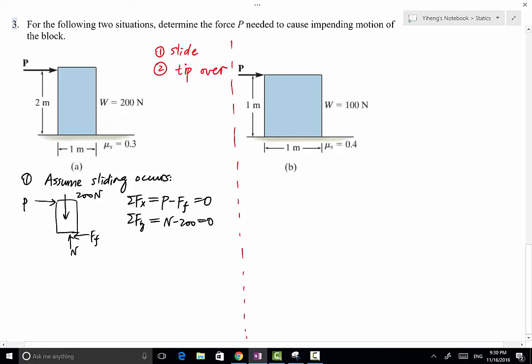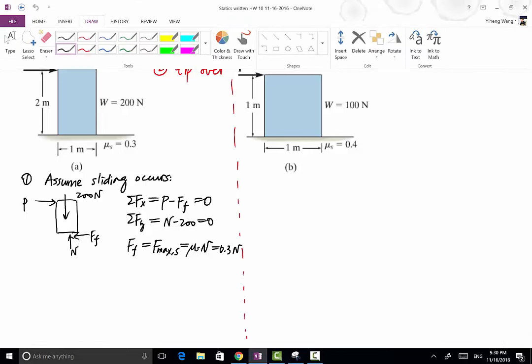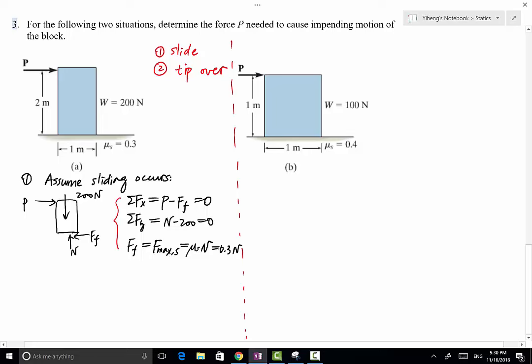And because sliding is going to occur, the static frictional force reaches the maximum static frictional force, which is mu_s N, and in this case equals 0.3 N. Now we have three equations and three unknowns, P, F_F, and N, so we can solve for all three. We can solve for P, let's call it P1 because that's the first P, to be 60 Newton.